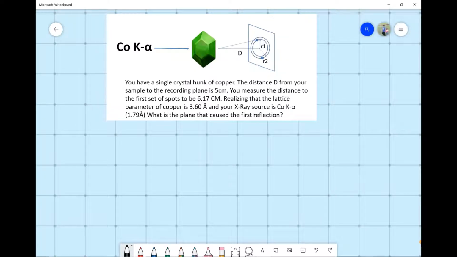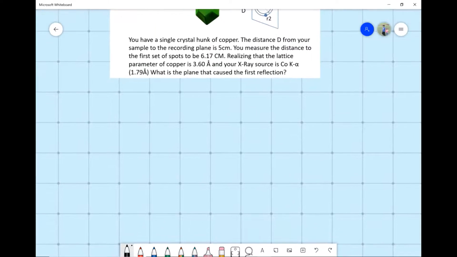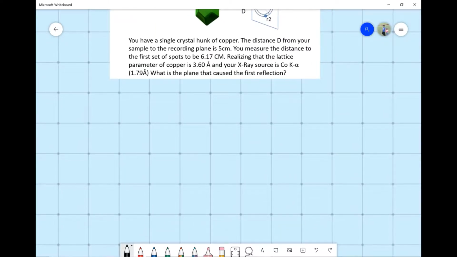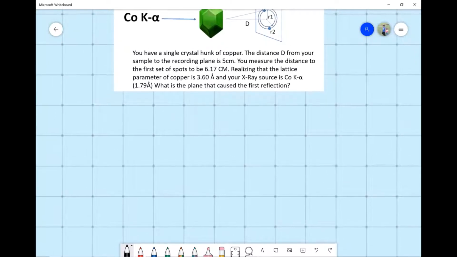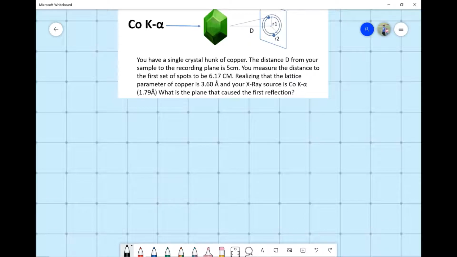All right, so we're working through our Laue diffraction problem, and we've already read it. We know our distance d is 5 centimeters, and the first radius is 6.17 centimeters. We want to recall that tan theta equals r over d, which in this case is 6.17 over our measured d of 5 centimeters.